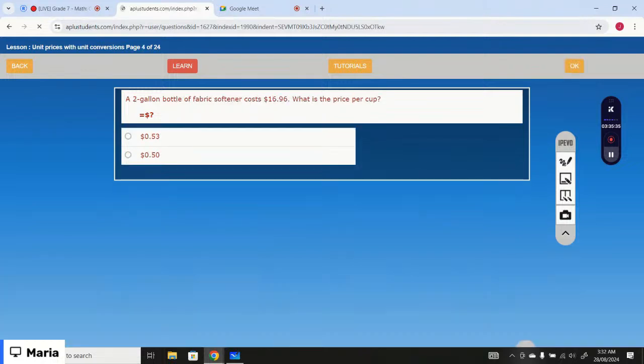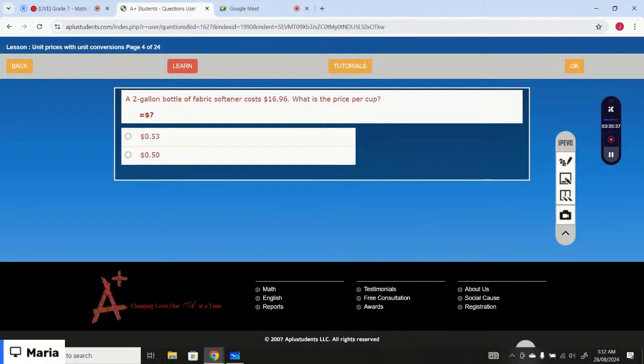Okay, the next one is a 2-gallon bottle of fabric softener that costs $16.96. What is the price per cup?